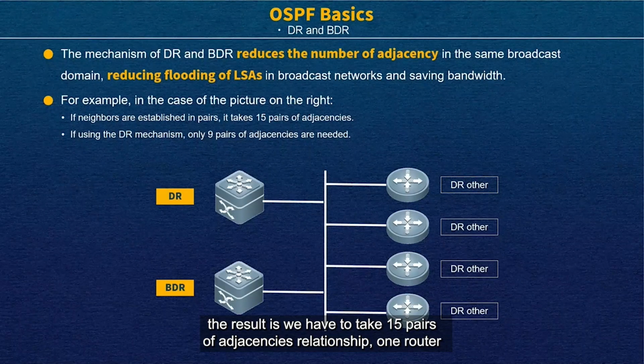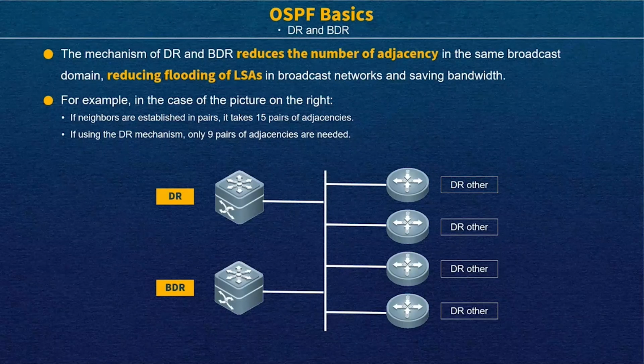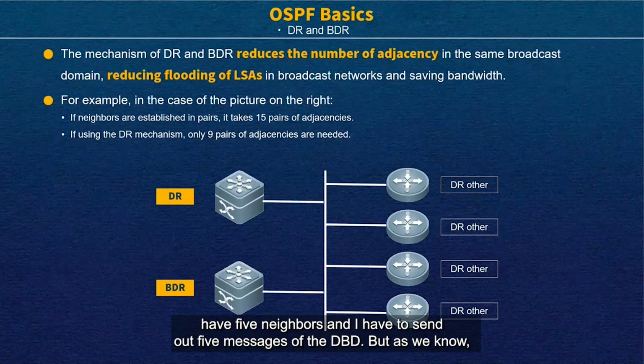One router has at least 5 relationships, totally 15 pairs. And for all the information, I have to send at least 5 messages. For example, like the DBD message, right? Because I have 5 neighbors and I have to send out 5 DBD messages.